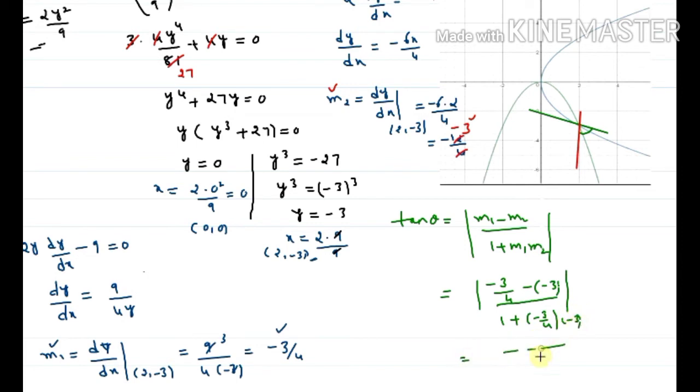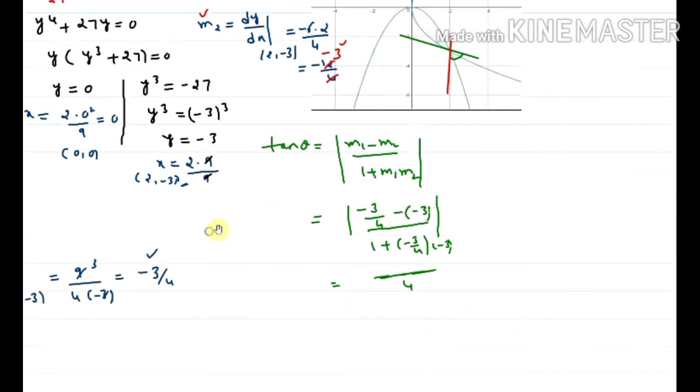The numerator I can take 4 as LCM. So what happens? 4 into 3 is 12, minus 3 is 9, divided by, here also I will take 4 as LCM, 4 minus 3 into minus 3 is plus 9.